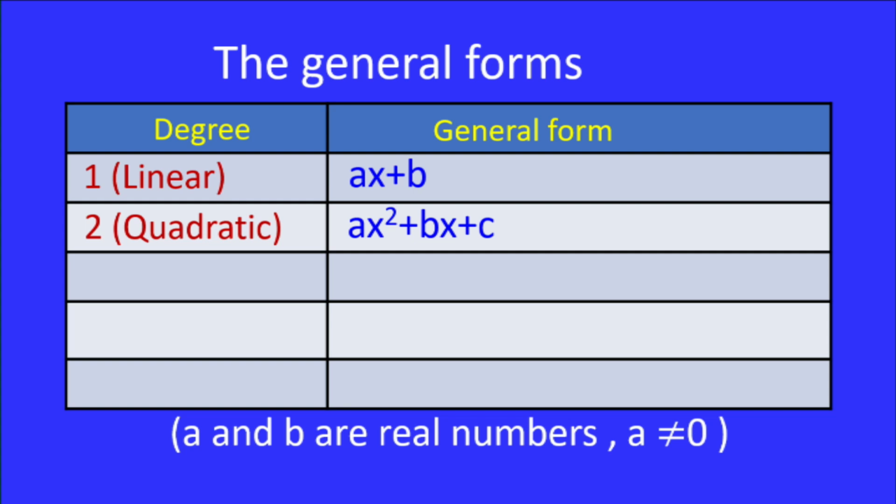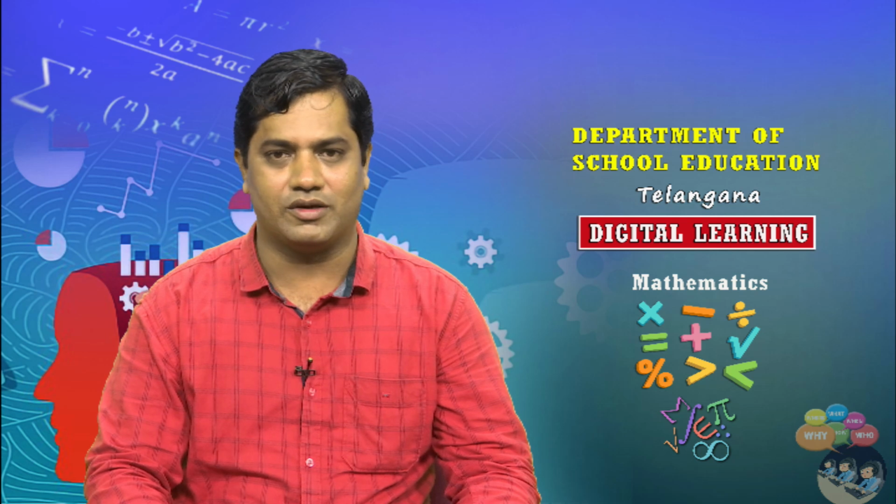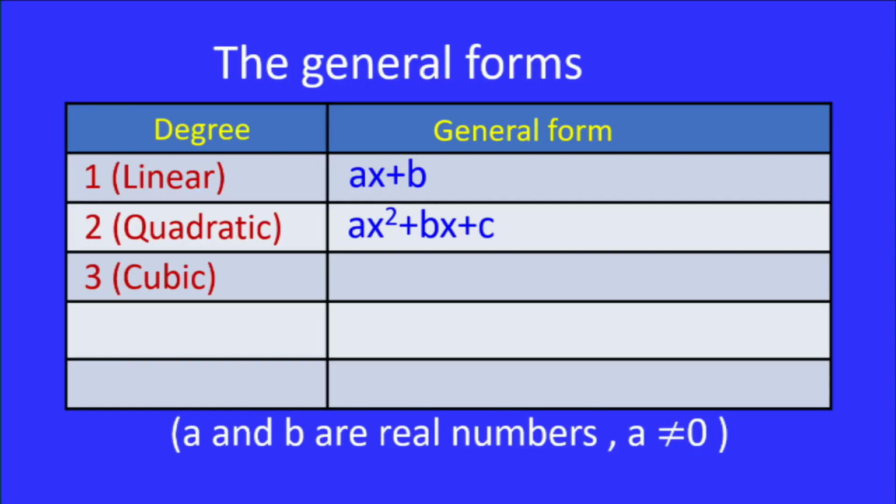Here I have taken ax square plus bx plus c. This is the general form of a quadratic, second degree polynomial. Now try to write the general form of a cubic polynomial: ax cube plus bx square plus cx plus d.